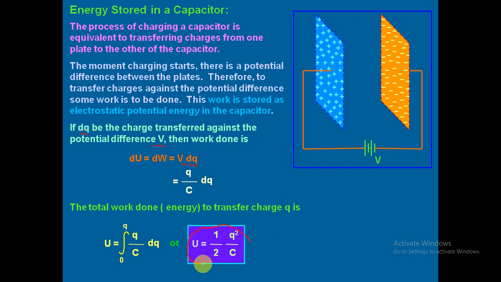Now you see, we have the basic definition of capacitance, that is charge per unit voltage. So we can write the same expression in terms of other variables.